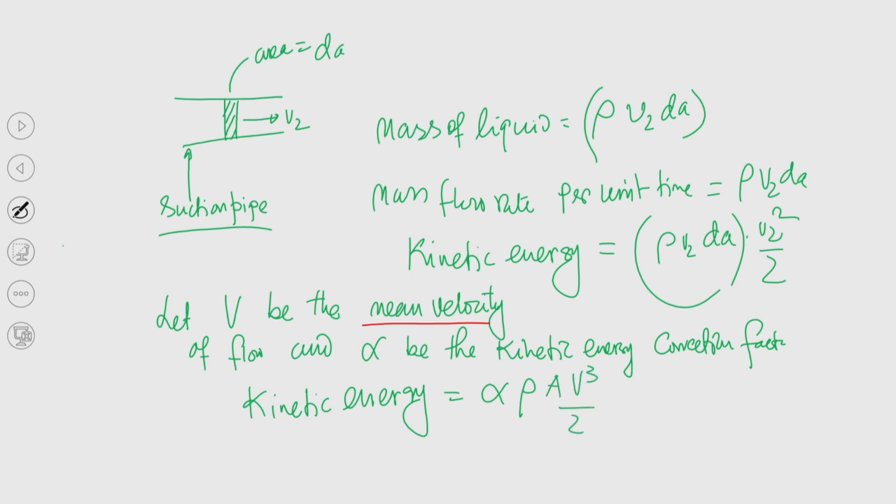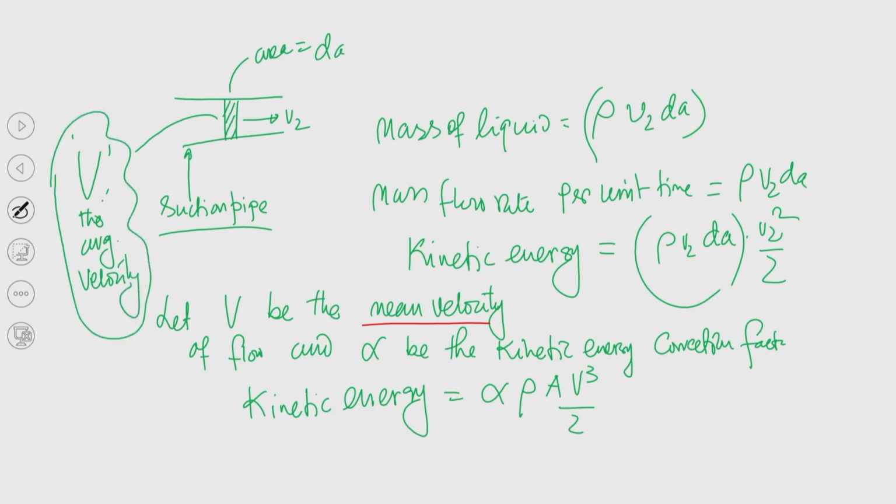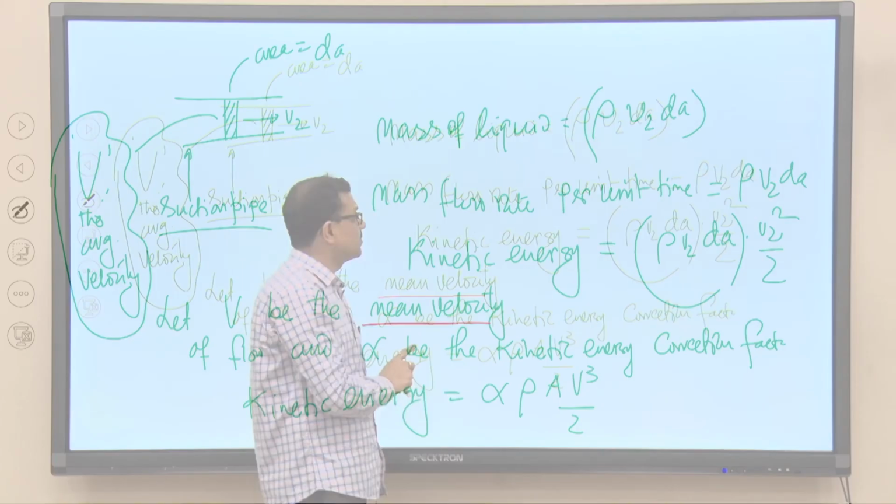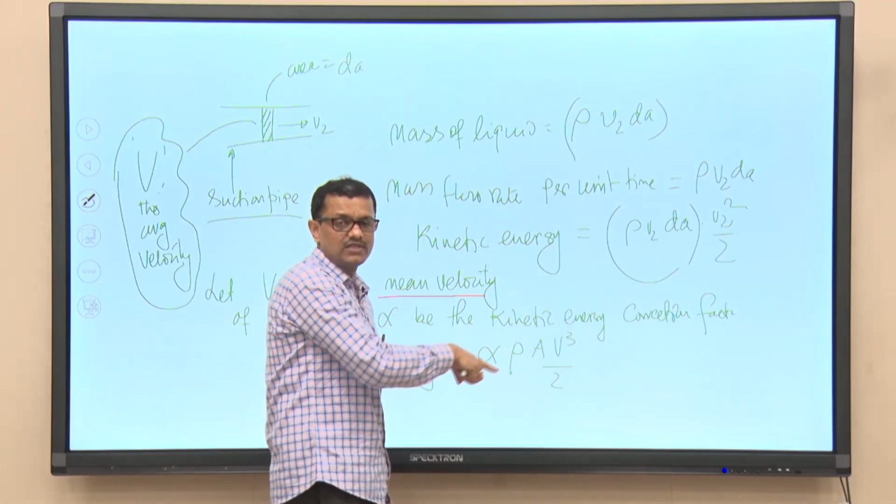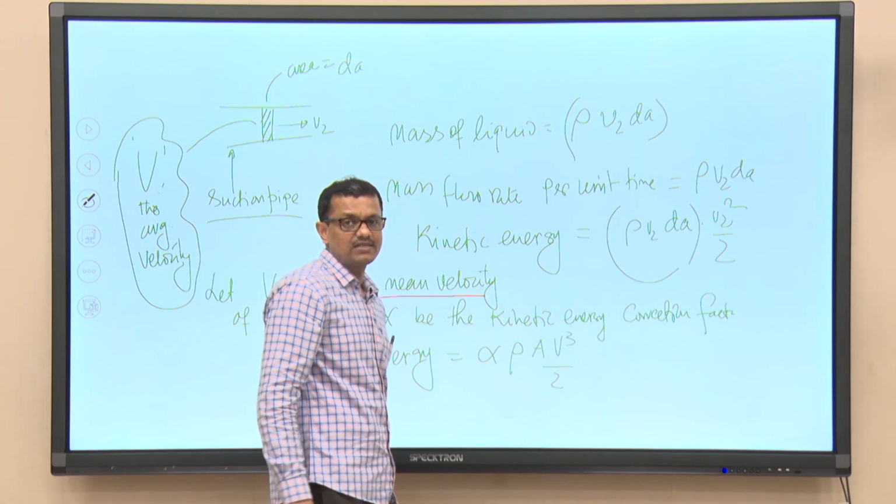So, rho A V, if we now consider capital V the average velocity, then rho A into V is the mass flow rate per unit time, into V square by 2, that is the kinetic energy.